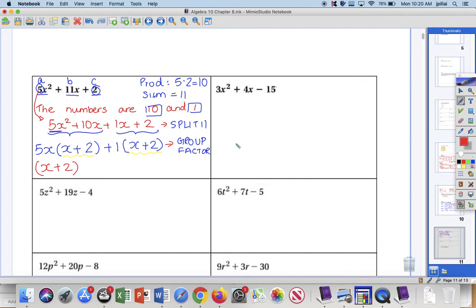So x plus 2, and then you're left with, imagine this is gone, so you're left with the 5x. So bring that down, plus here the x plus 2 is gone, you're left with 1, and that's it. You understand that part? So what did we do here? You factor out the common binomial.